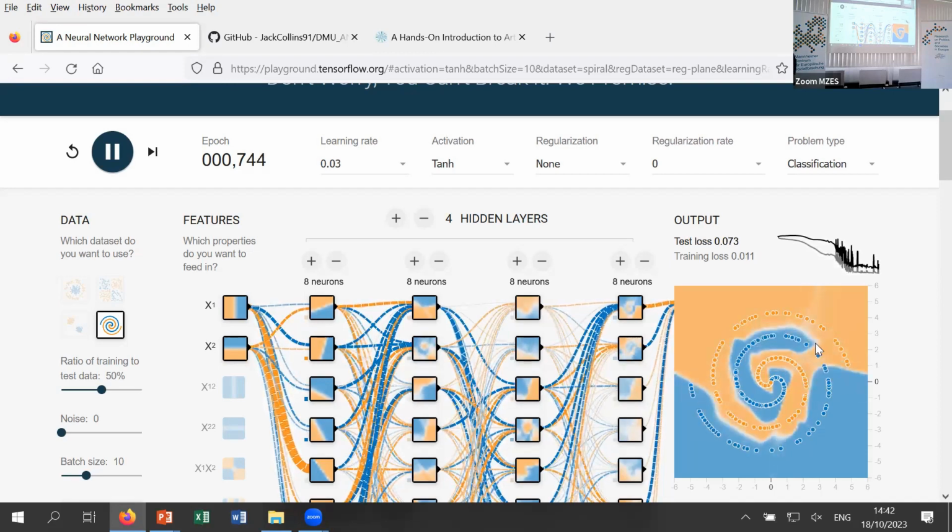But that's an example of overfitting. Ideally you would have blue through here, but it's overfitted to say, well, there are no blue dots in this area, so I'm going to guess that it's orange.